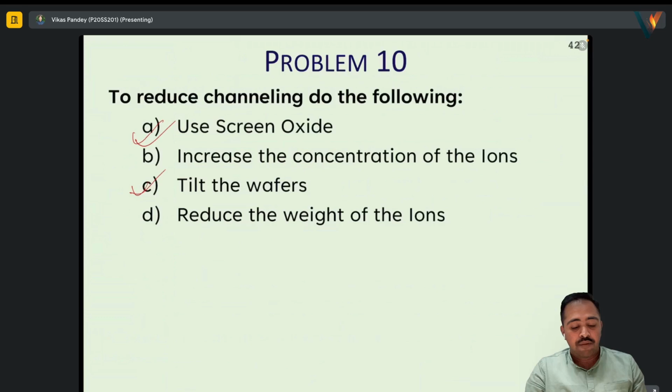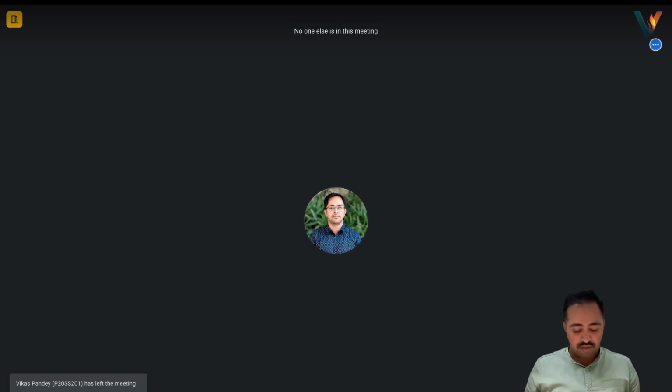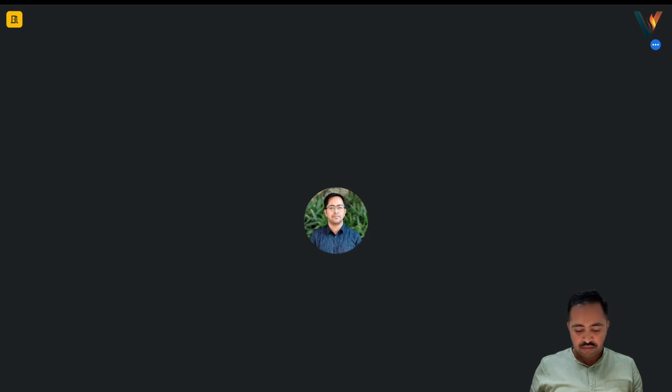We can also increase the concentration of the ion.